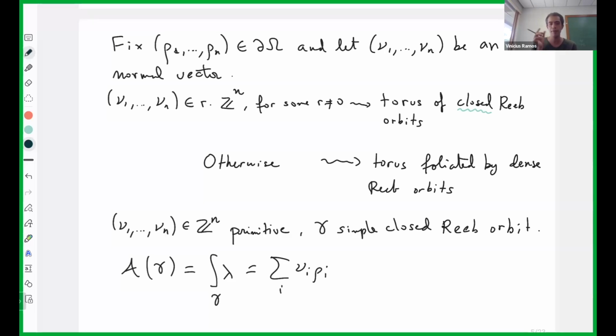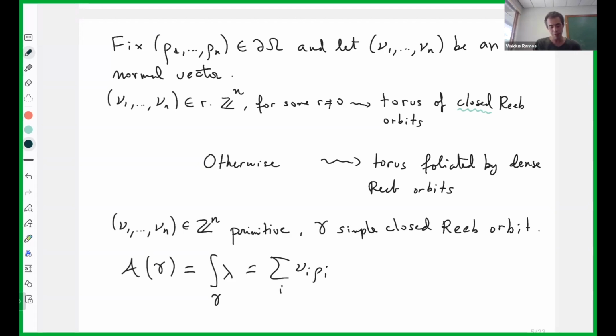That means the quotients of all the different coordinates are always rational. In that case, all the Reeb orbits will eventually close. So we get a torus of closed Reeb orbits, and it's not hard to see that they all have the same period, and they're not dense.